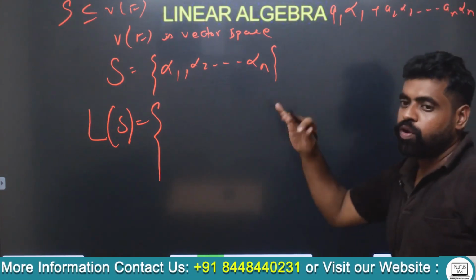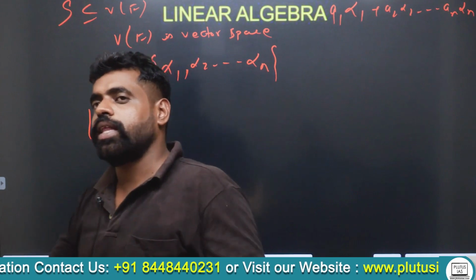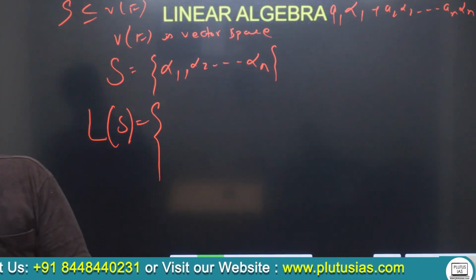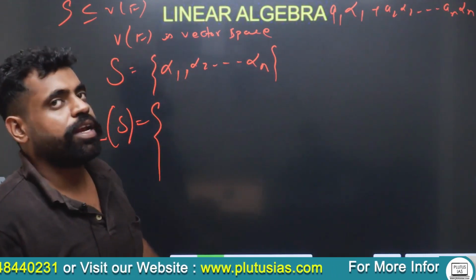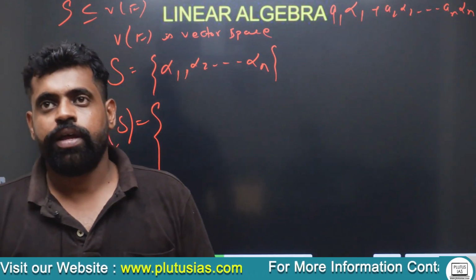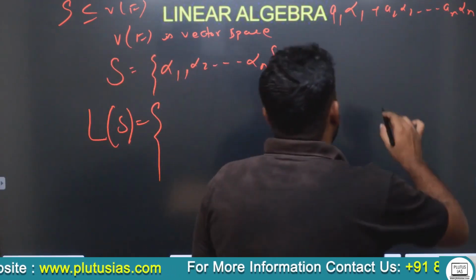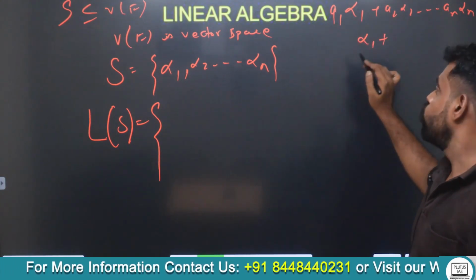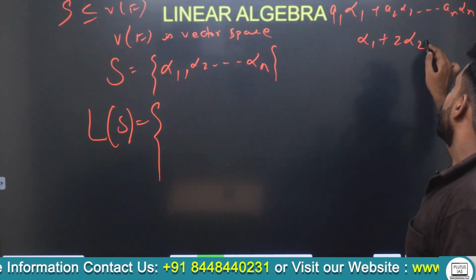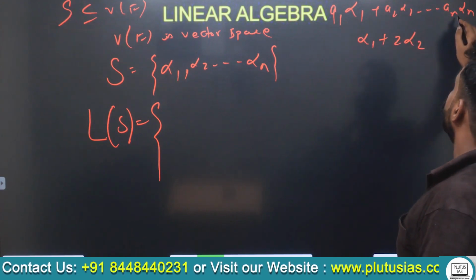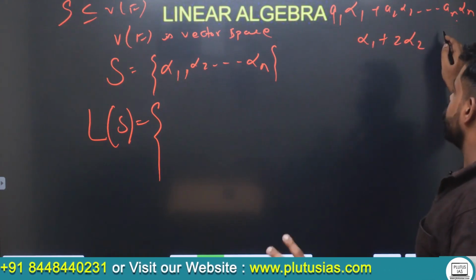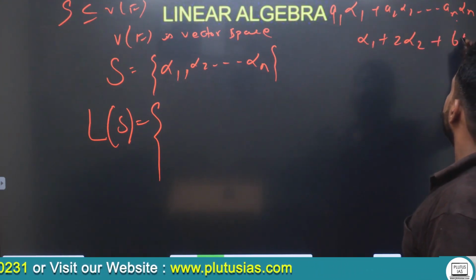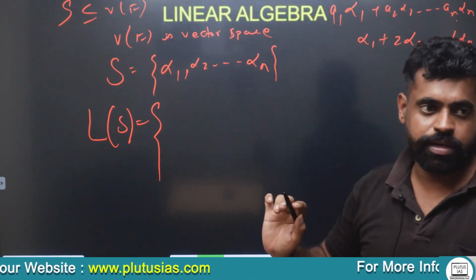Now you change the values of a1, a2, a3, an, anything, all those which are formed belong to this linear span. That is, suppose I take alpha 1 as 1, alpha 2 as 2, all the others 0, and alpha n as 6. So this would be a linear combination.